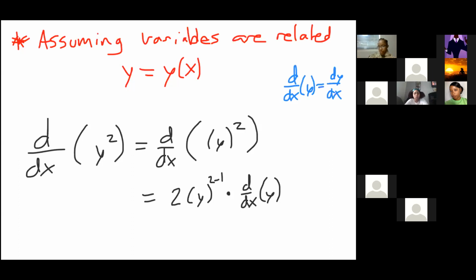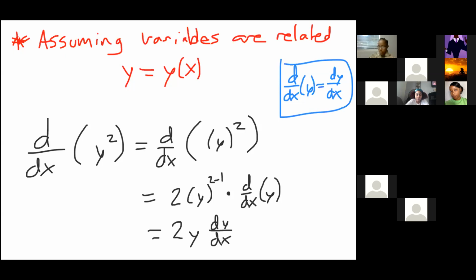You can essentially just see us as bringing that y up into the numerator. It's funky with the notation in that it's not actually following your multiplication rules, but we kind of see it happening. And that's purposeful to try to make some sense between the mathematics we're doing and the notation that we use. But that just means if I simplify this down, it's 2y times how y changes with respect to x.